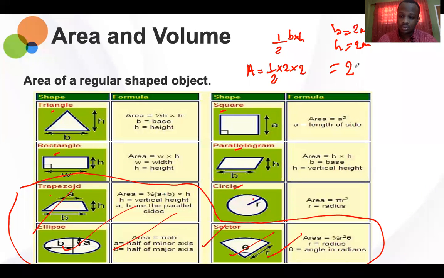And 2 what? 2 meters squared, because the unit for area is meters squared.